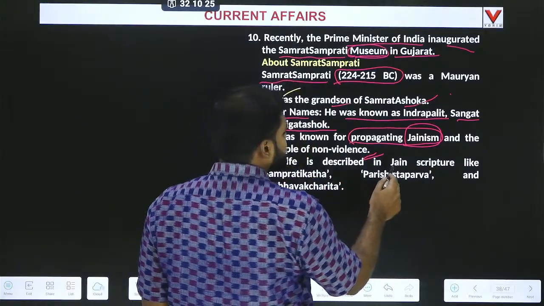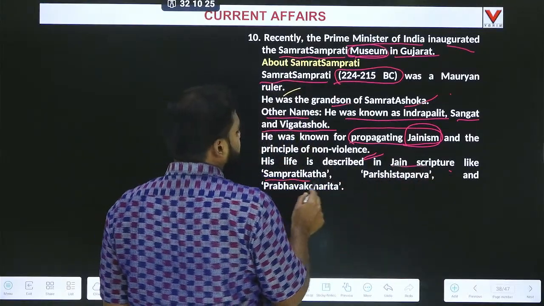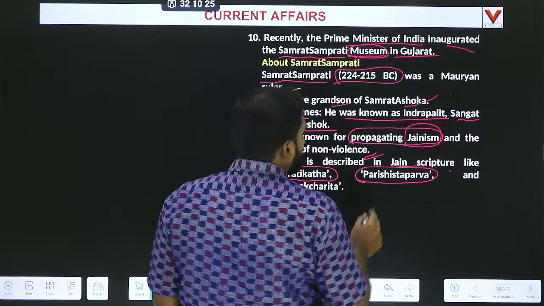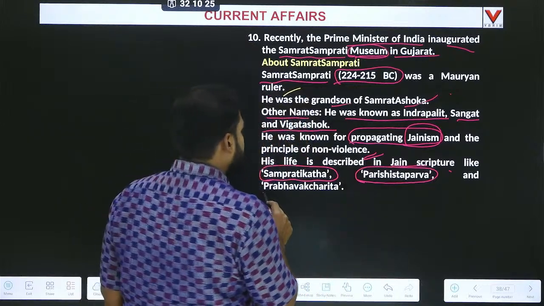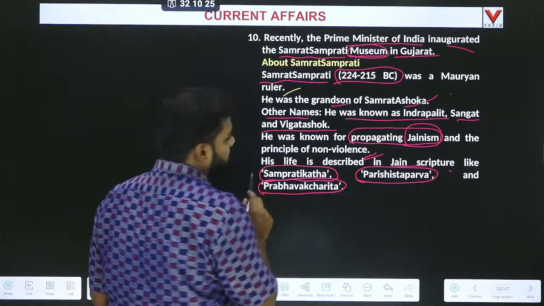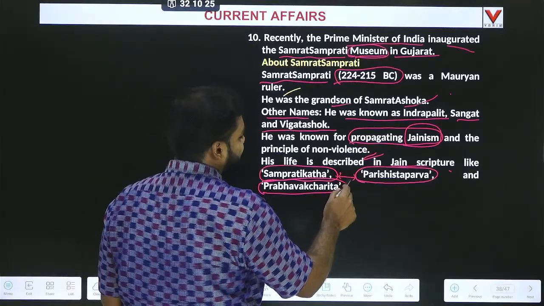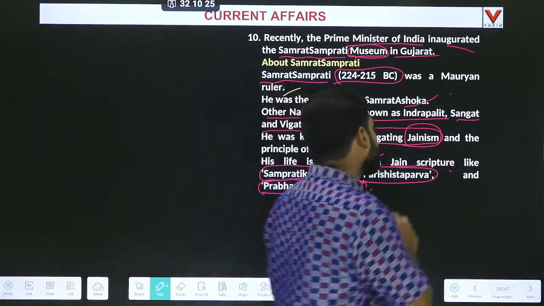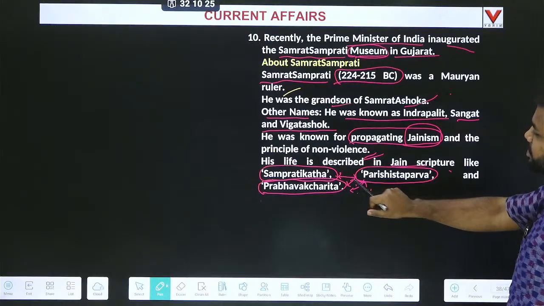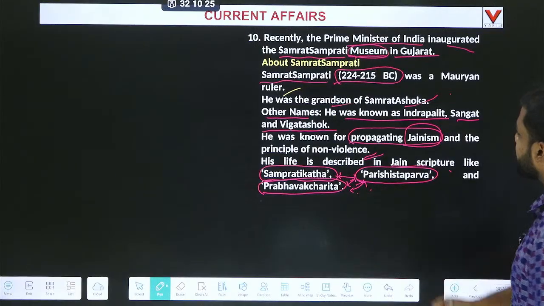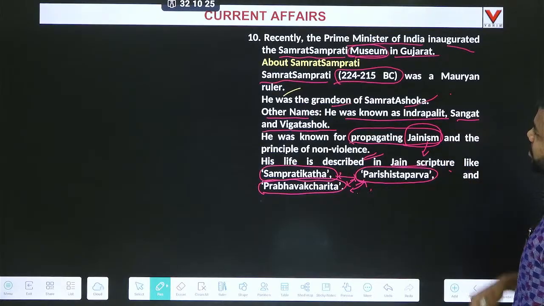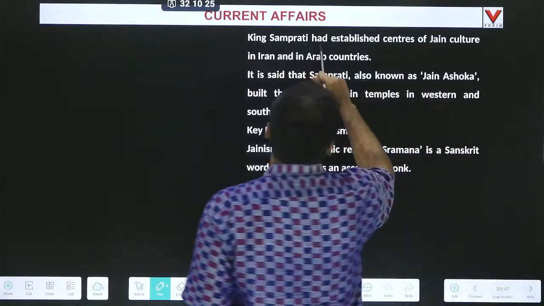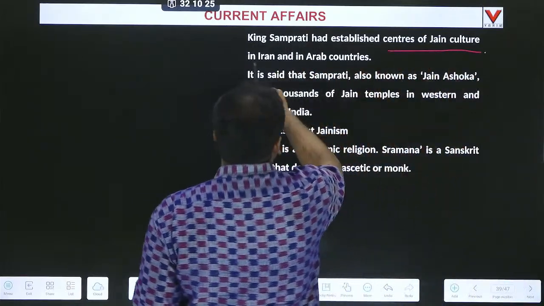His life is described in Jain scriptures like Samprati Katha, Parishishtaparva and Prabhavak Charita, right? These are very difficult words to pronounce or remember. You don't have to remember this; these are not that significant facts. Okay, this is a fact: King Samprati established centers of Jain culture in Iran and Arab countries.